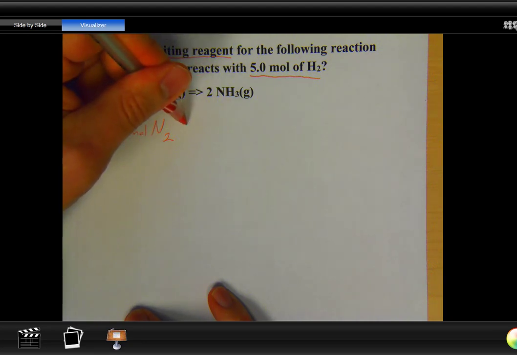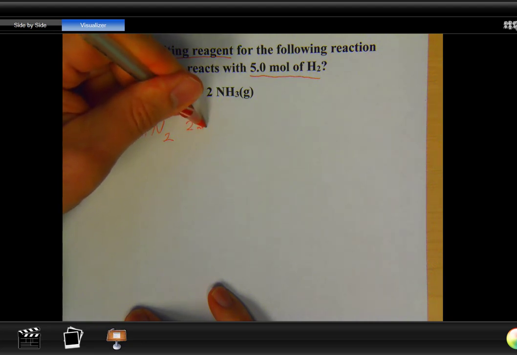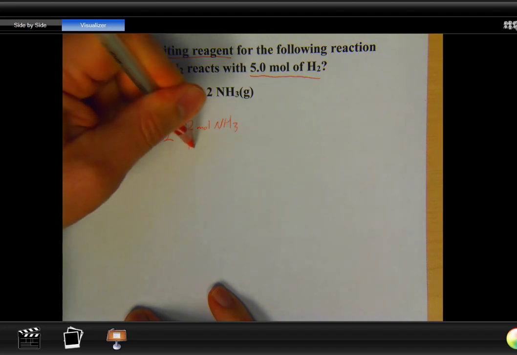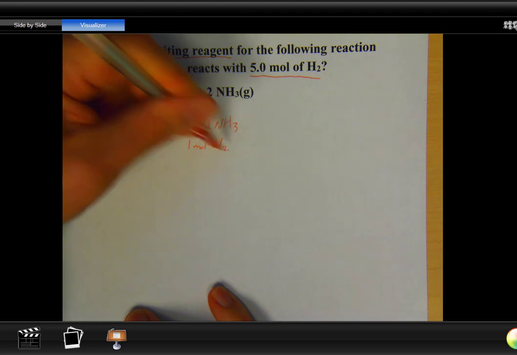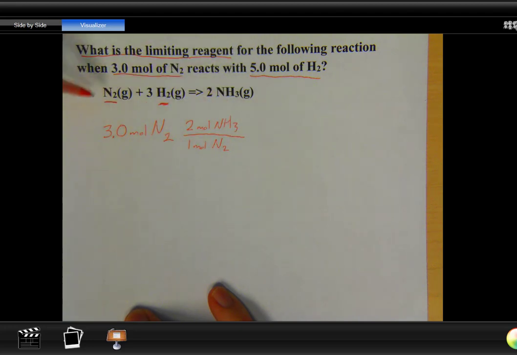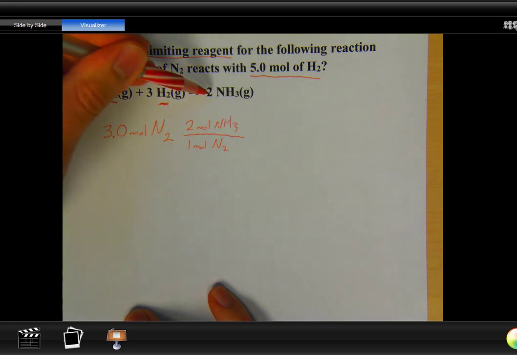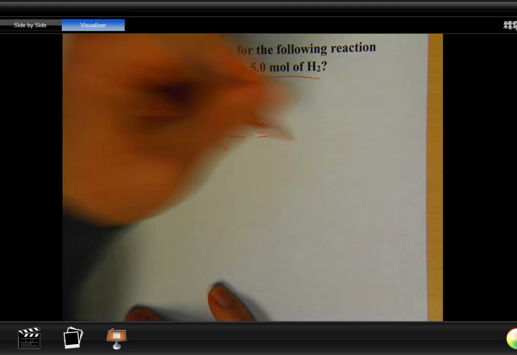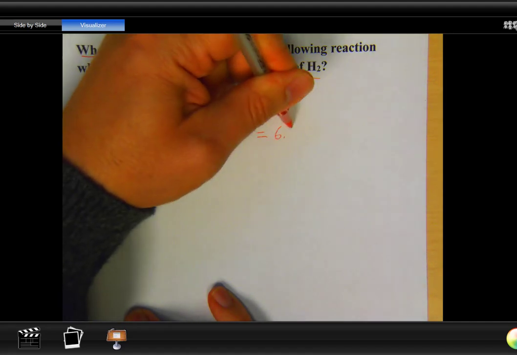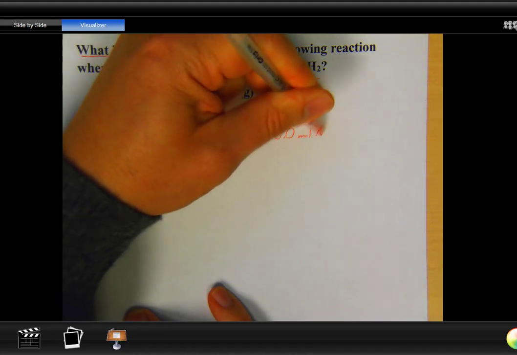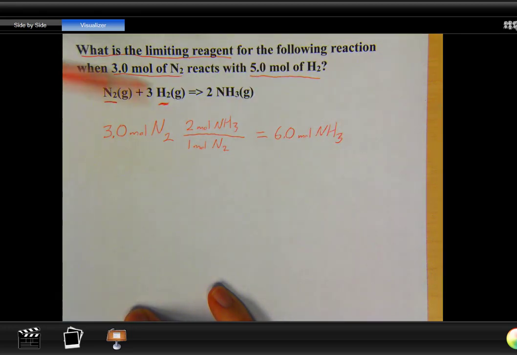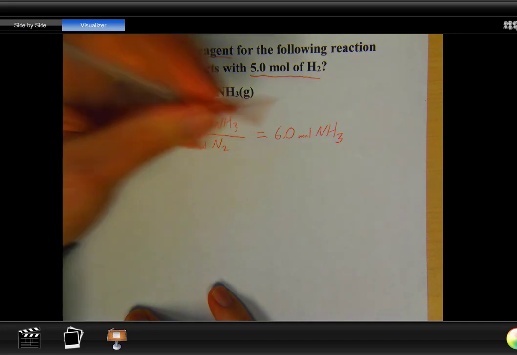We have 2 moles NH3 for every 1 mole of N2. Again, these are just the coefficients from the balanced equation. So we do the math: 3 times 2 gives us 6.0 moles of NH3. If we had 3 moles of N2, we could make 6 moles of NH3.